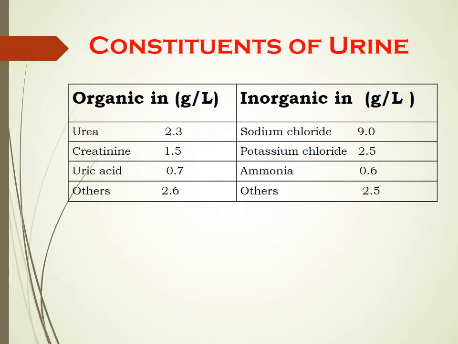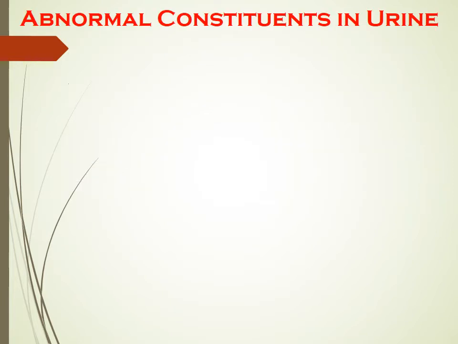Right? We'll go on. So now these are called normal constituents, but sometimes abnormal constituents are also present in the urine. The meaning of this word is they should never be present in normal condition.